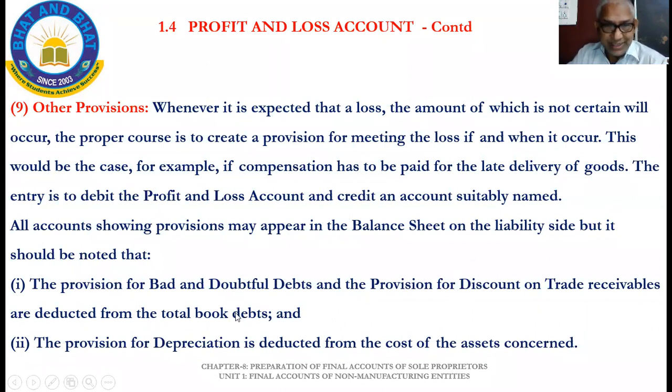Total book debts means sundry debtors, or trade receivables, that's all total book debts. Similar words for sundry debtors: total debtors, trade receivables, total book debts. All these four have the same meaning.